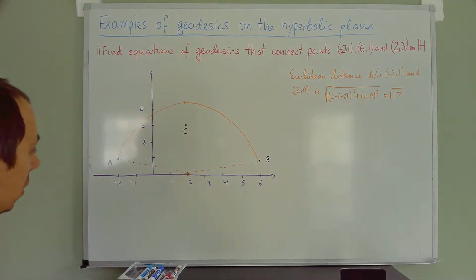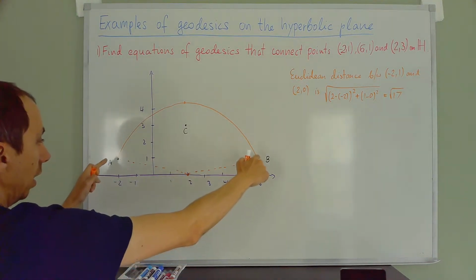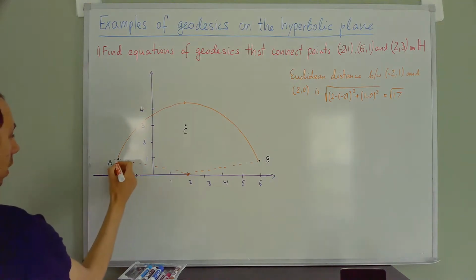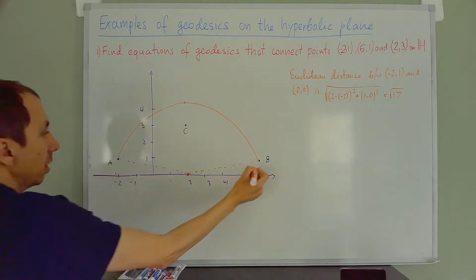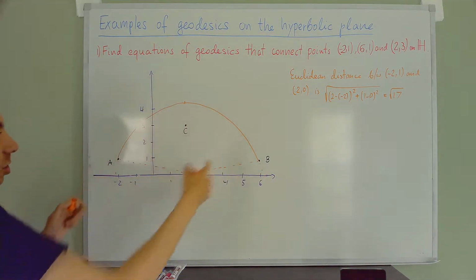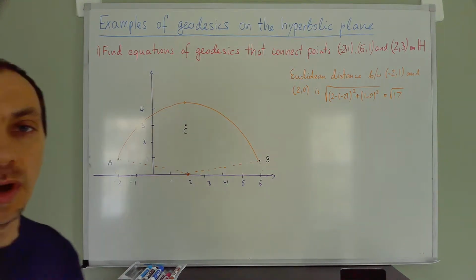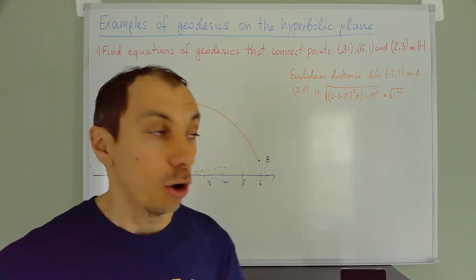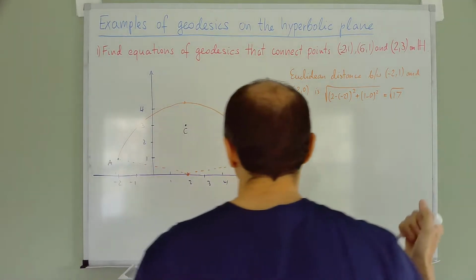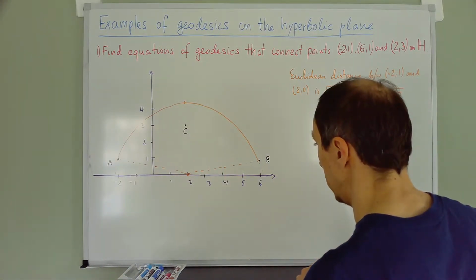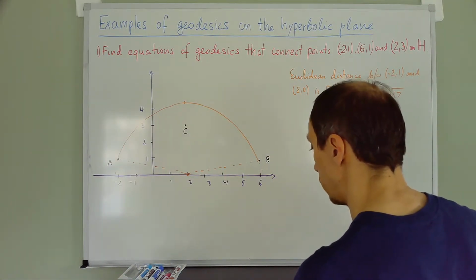So that is the geodesic. I could get it sort of completed here, but the geodesic is just that arc. So what's the equation of the circle whose arc it is? The center I have is 2, 0.